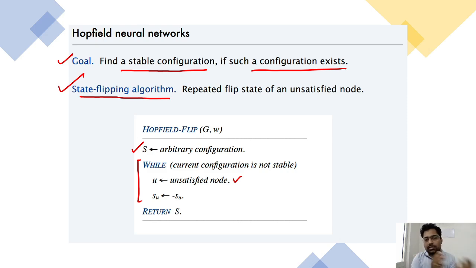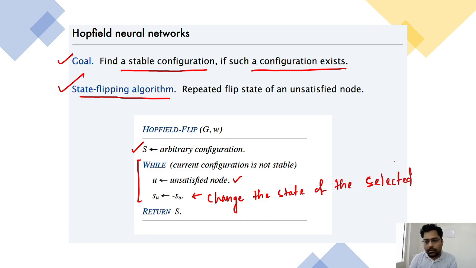Suppose you have taken an unsatisfied node, then you just change the state. You have to change the state of the selected node, which is said to be u. Clear? How the algorithm works is clearly understood by you.